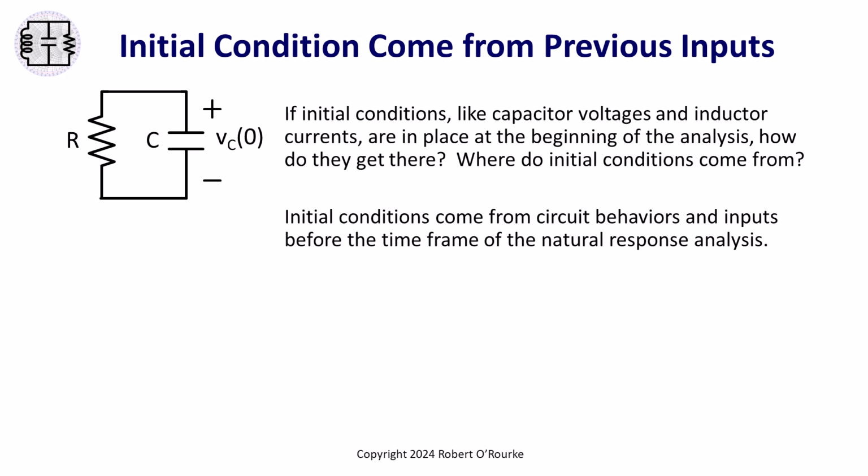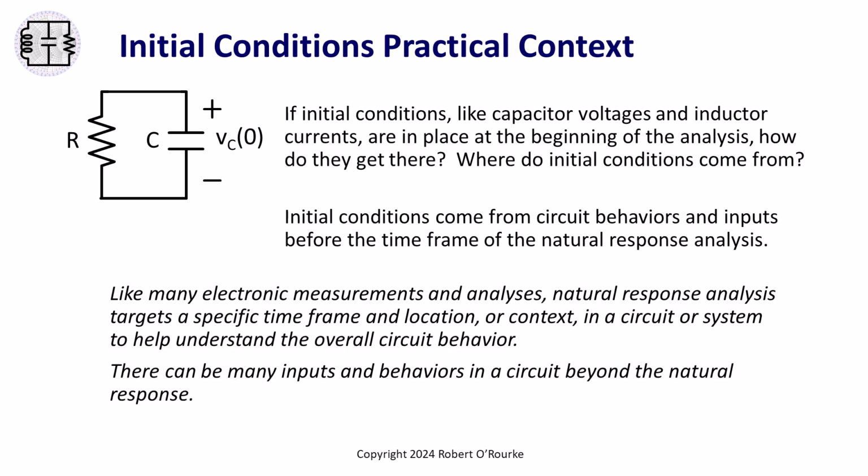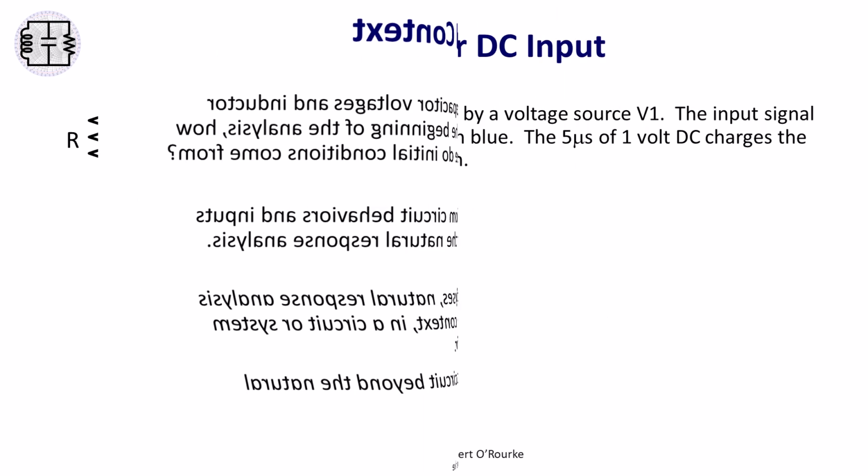The zero input response initial conditions for practical circuit examples can come from some voltage or current input signal that happened before the time frame of the natural response analysis. Natural response is a mathematical and academic construction which can be applied to different places and times within other behaviors in a circuit. Let's look at a specific example.